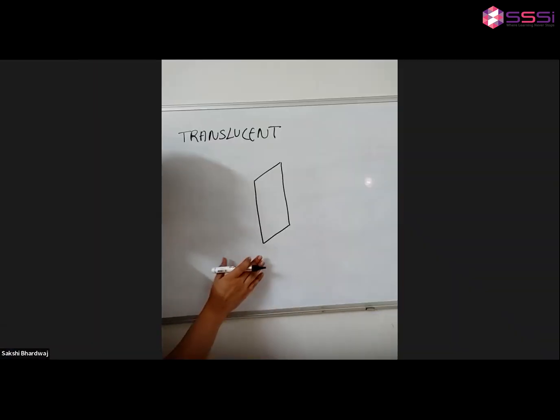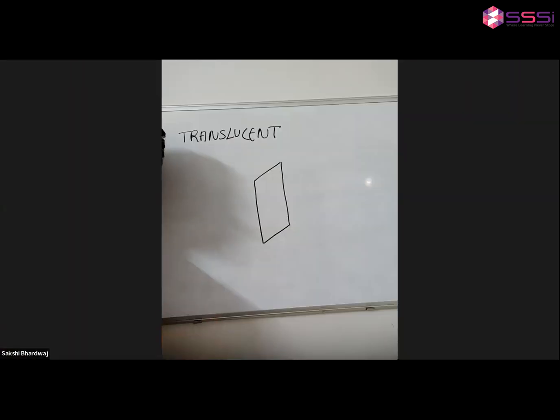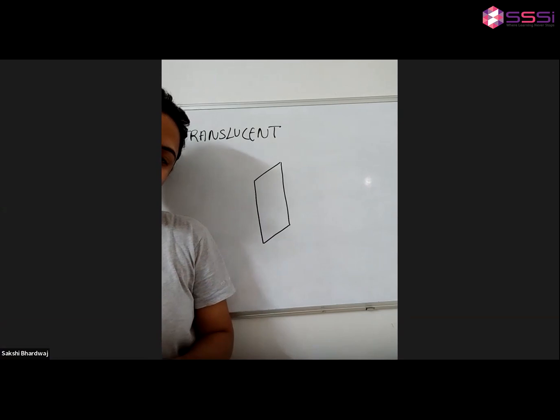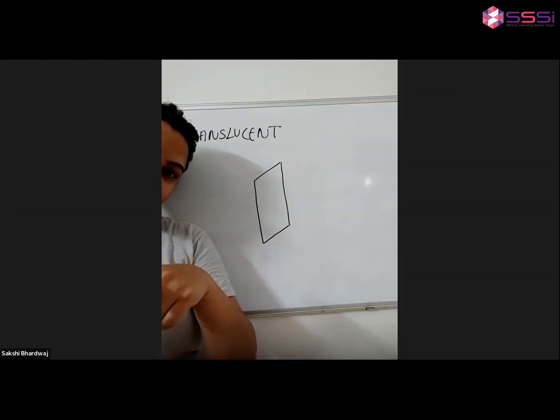That glass is translucent. That is a plastic sheet. That is also transparent, but after some time it gets translucent when it gets dirty.